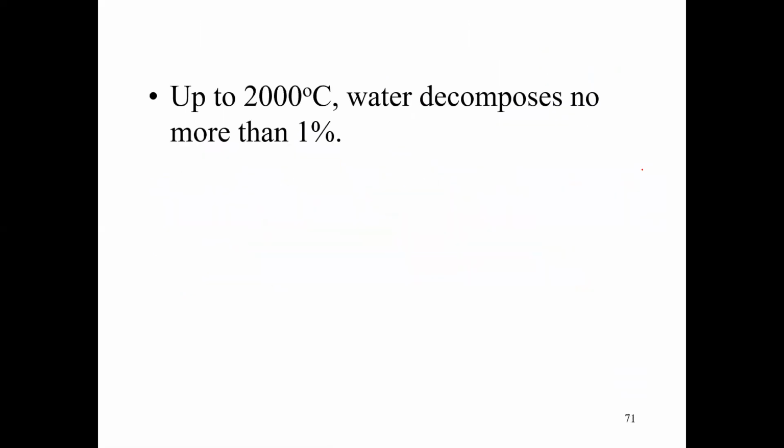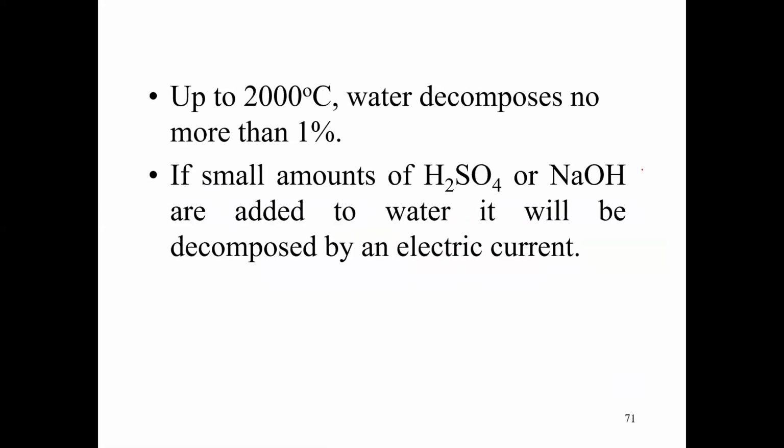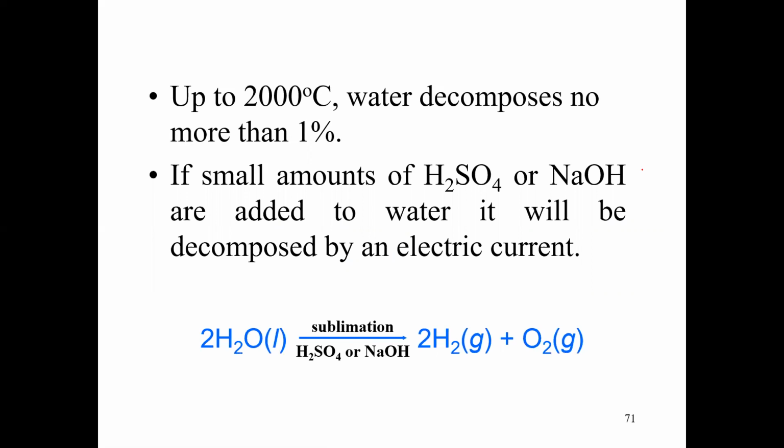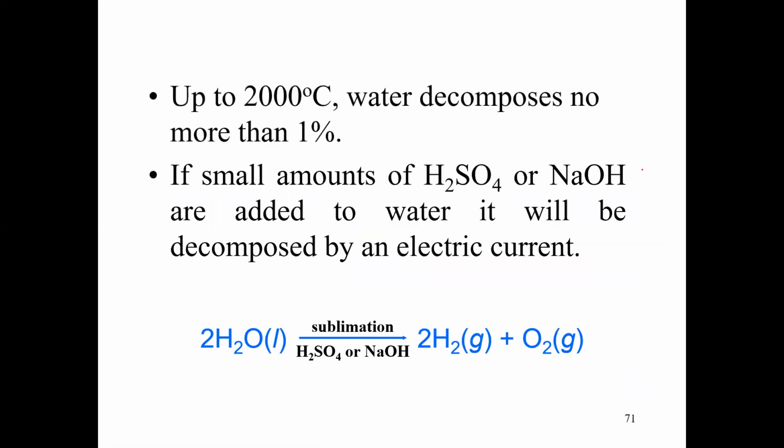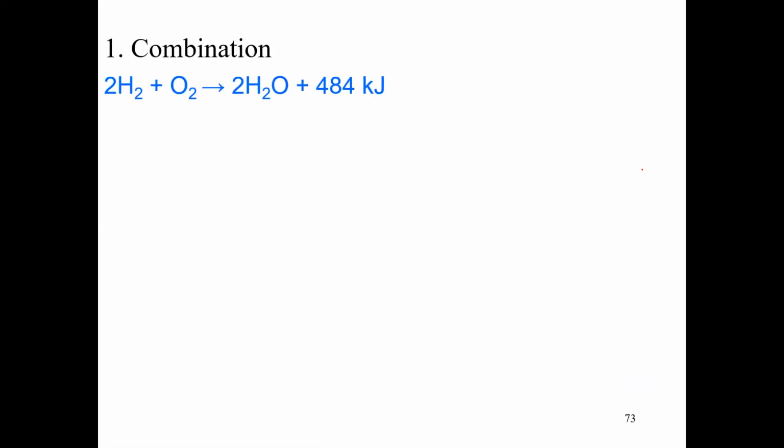The formation and chemical properties of water. You can decompose it if you want, just by passing an electrical current through it. The formation of water is essentially hydrogen plus oxygen giving water.